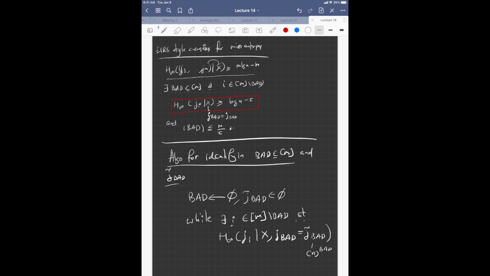Now I look at this particular min entropy, and if it is smaller than log n minus tau, I add it to the set of bad rows.